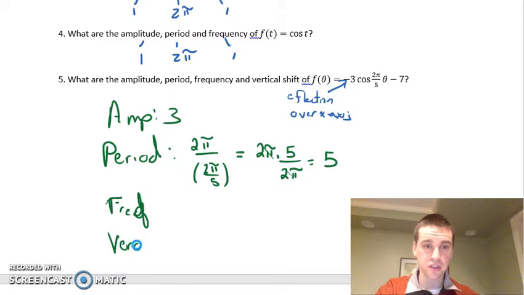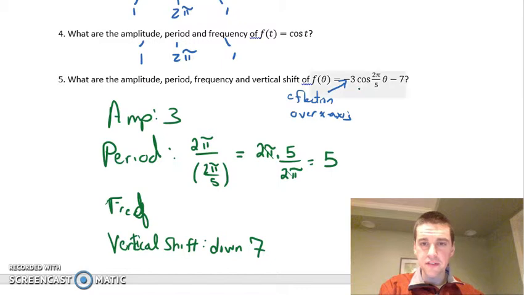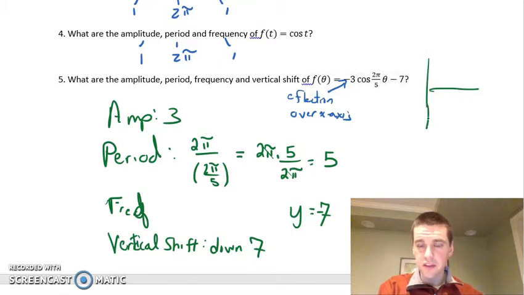Our vertical shift is down 7. Now I was incorrect in what I said before. The reflection actually does not change the midline. The midline is y equals negative 7. So what happened here, I feel inclined to show you now that I told you wrong. If the negative had not been there, we would have had a midline of negative 7, and our min and max would be negative 10 and negative 4.